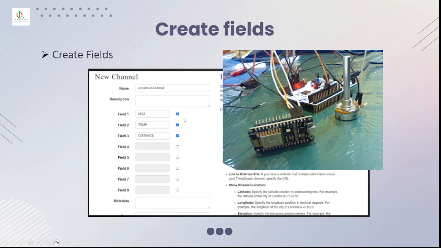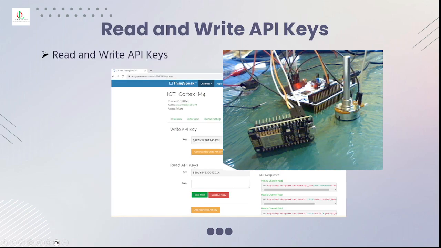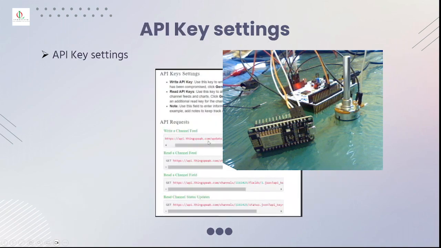And this is just a model to vary different parameters like temperature, distance. And this is the first time when we change the data from 30 to 120, it's showing that. And this is where you get the key, copy this and paste there, and this is the API key requests.